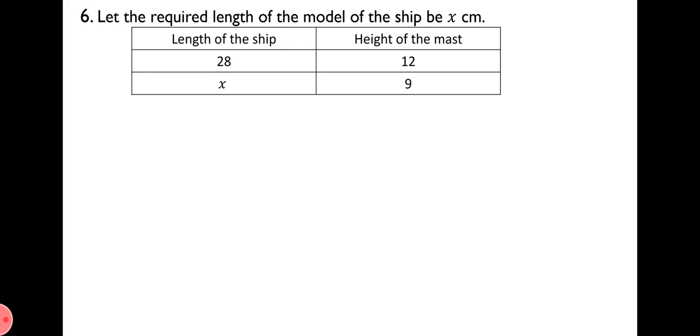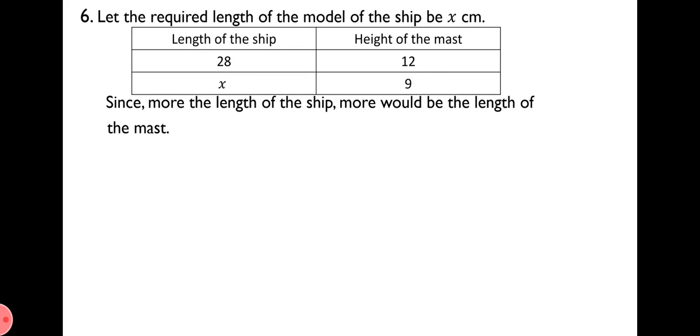Now when the length of the ship is 28 meter, the height of the mast is given as 12 meter. So suppose if the length of the ship is x, the height of the mast is shown as 9 centimeter.